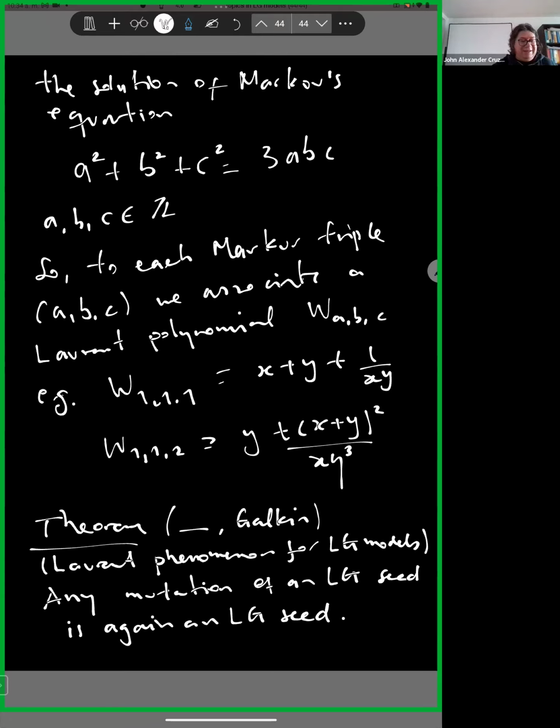So if you mutate any of these Landau-Ginzburg seeds, you get again a Landau-Ginzburg seed.